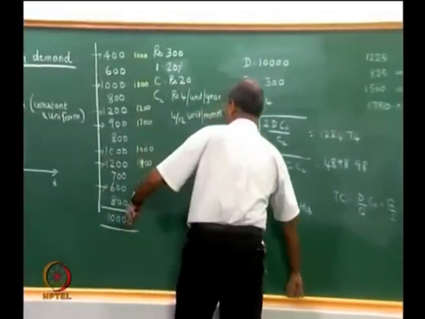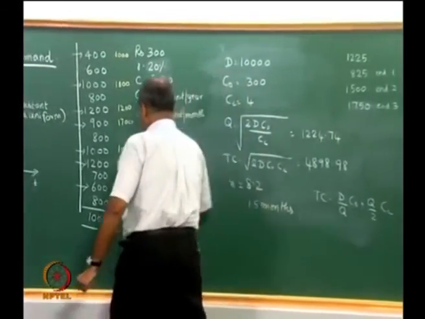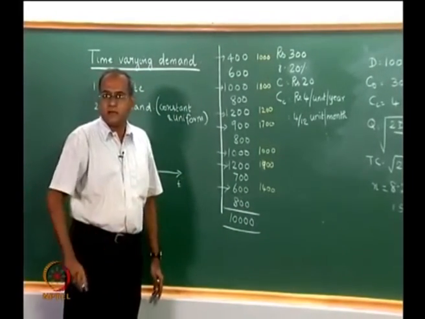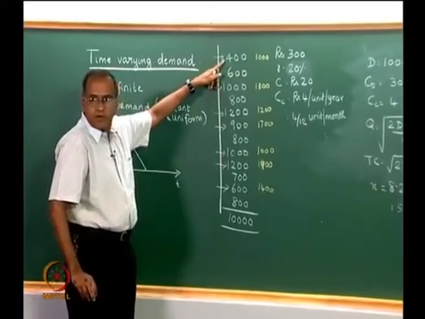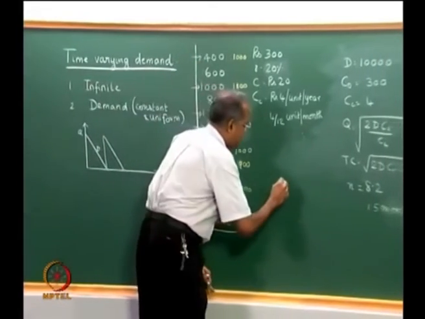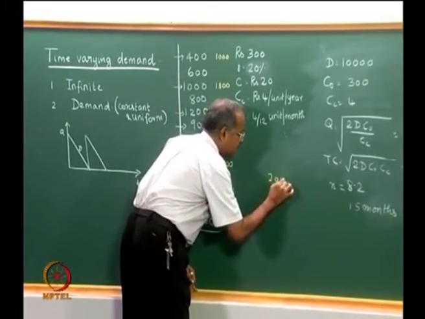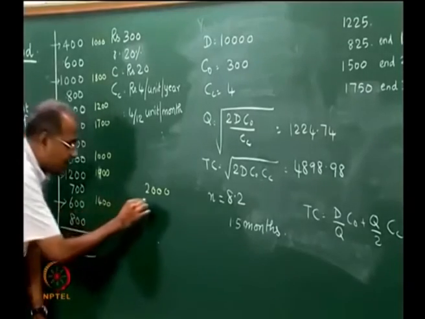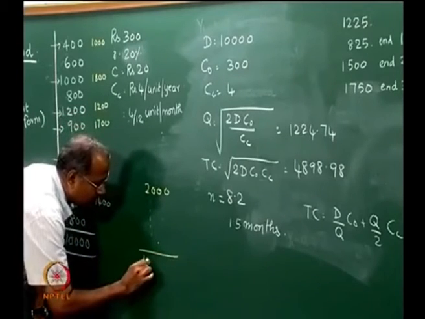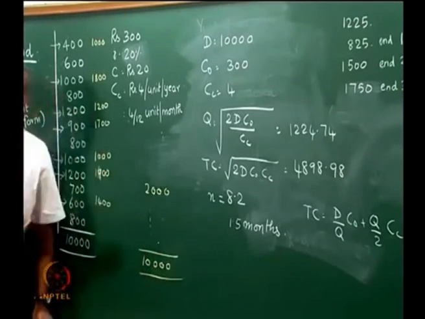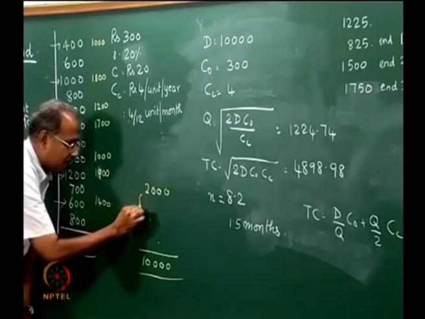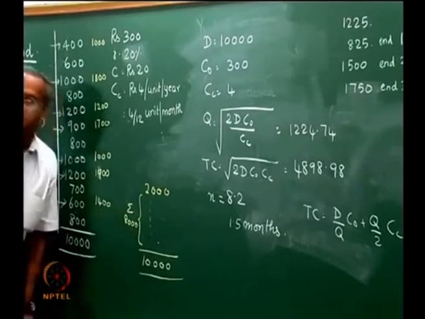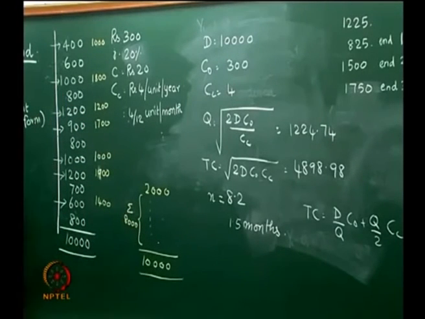Suppose the total demand is 10,000, but the first period's demand is not 400; for the sake of argument, let it be 2000. The rest of the demands are such that the total annual demand is 10,000, which means the demand for the remaining 11 periods summed is actually 8,000.